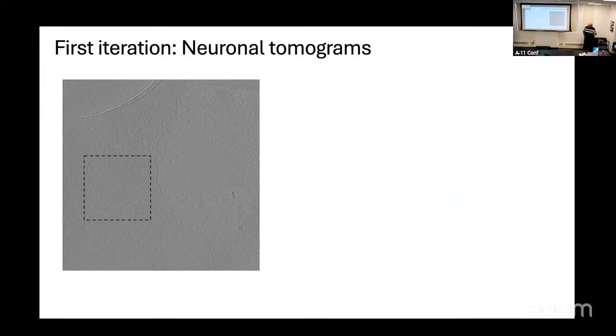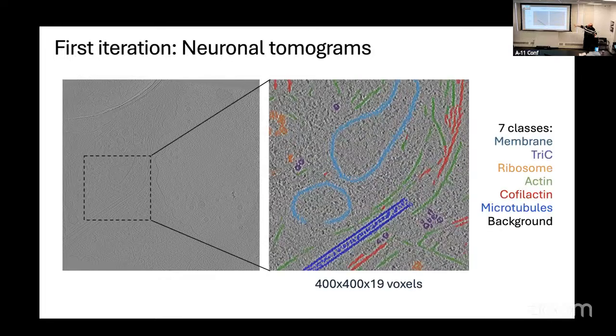In our first iteration of trying to train this more generalized network, we had this already segmented chunk of a real tomogram of neurons.